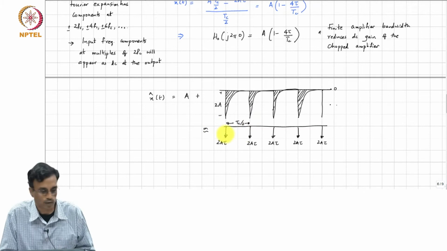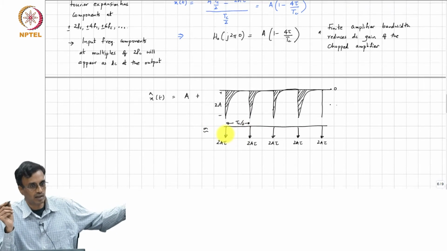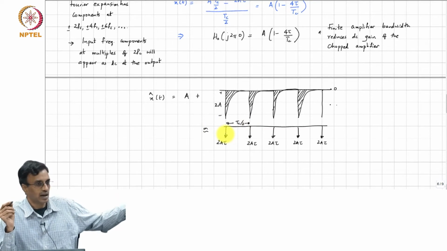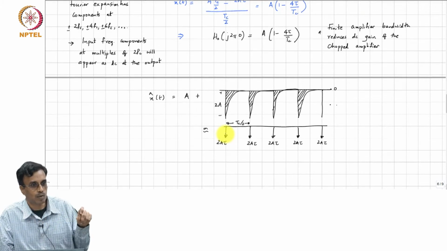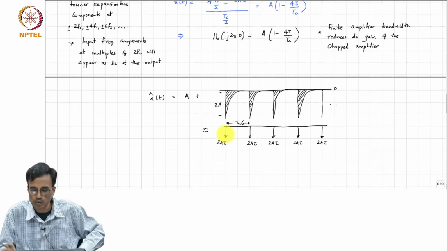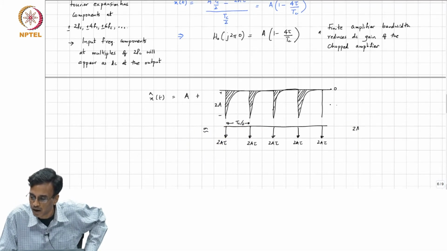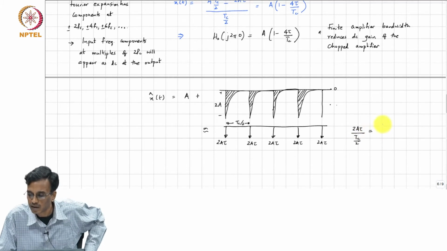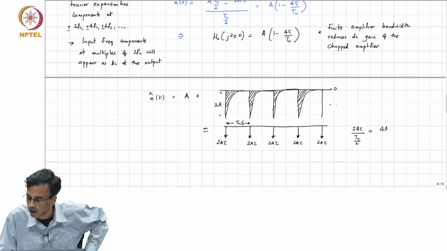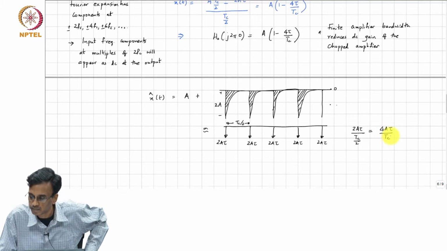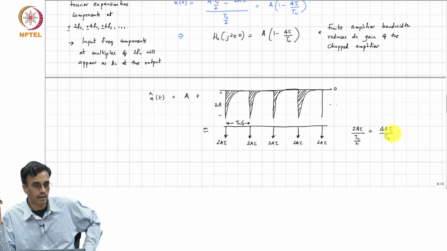So, if you know the DC component of the impulse train, the strength of all the harmonics is also the same. So, what is the DC component of this value? It is nothing but 2A tau divided by Tc by 2, which is 4A into tau by Tc, right.